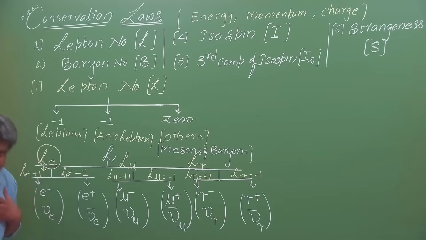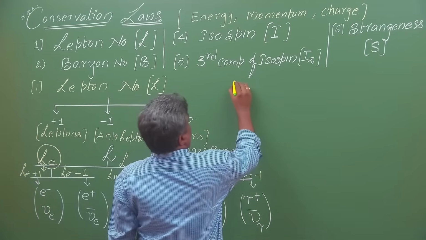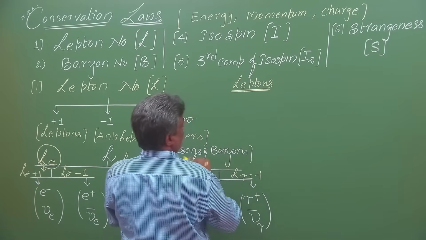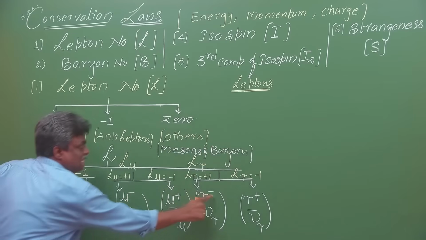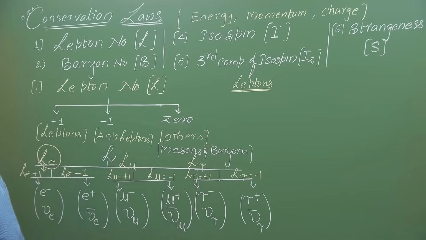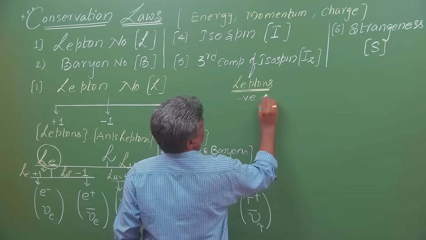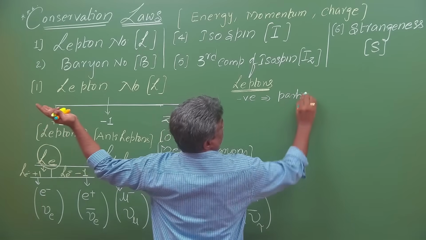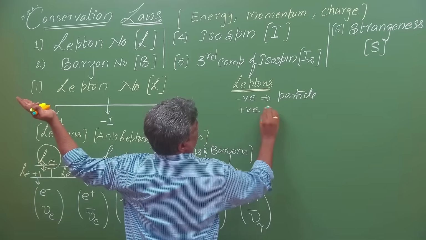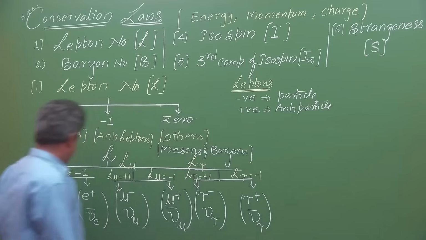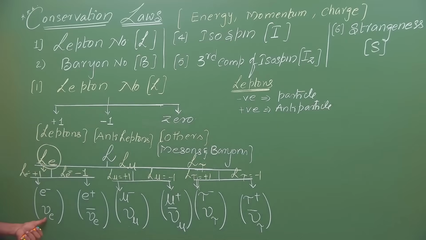I will give you one small suggestion for leptons. If a negative sign is there, is it a particle or antiparticle? Negative sign, particle. Positive sign, antiparticle. If a bar is there, antiparticle.